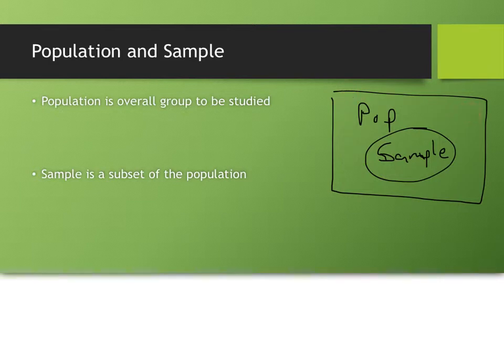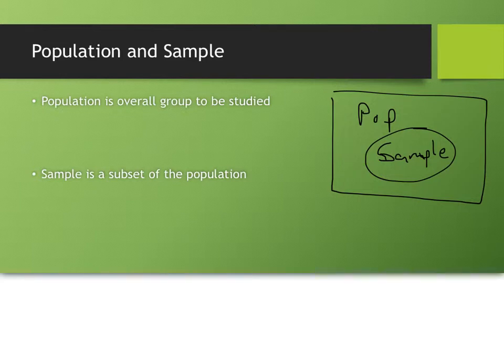Now, I want to be very clear. A lot of times a population isn't everybody in the whole world. A lot of times populations can be very specific groups. For instance, you may do a study on males who are attending community college right now.